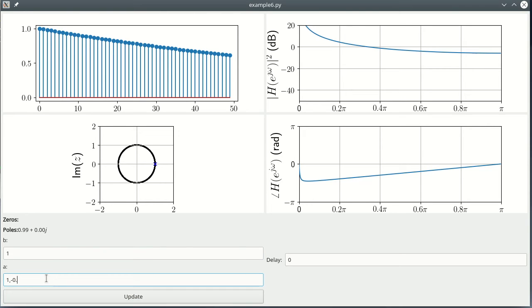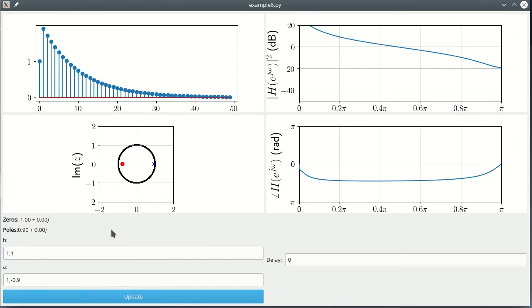Okay, next let's actually look at something like the convolution of a power n u n with delta n plus delta n minus 1. So this is 1 plus z inverse by 1 minus 0.9 z inverse, mod z greater than 0.9. Now interestingly we have a 0 at minus 1, because the 1 plus z inverse has a 0, and then we have a pole at 0.9.